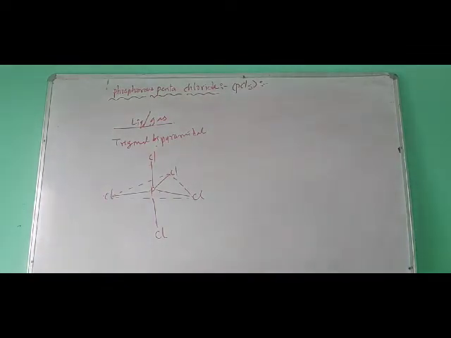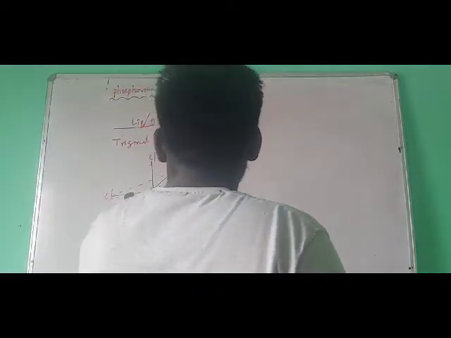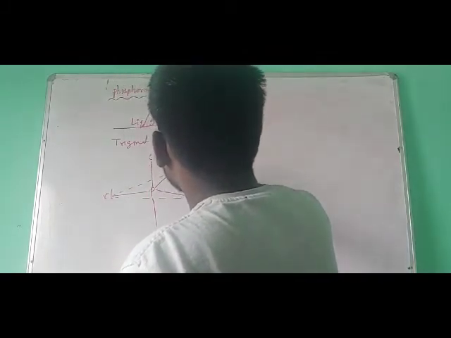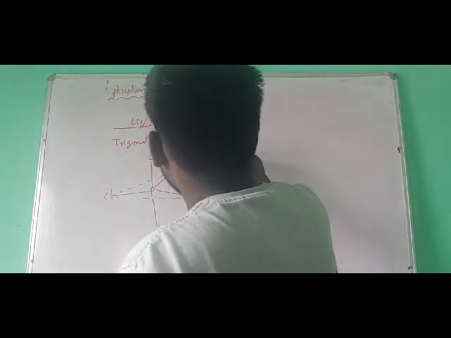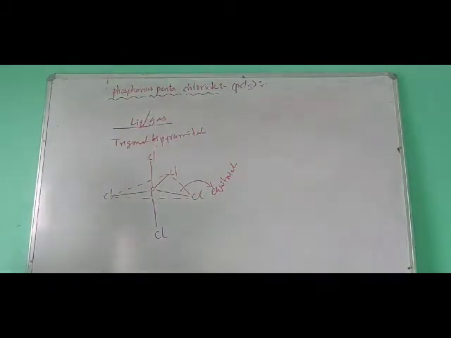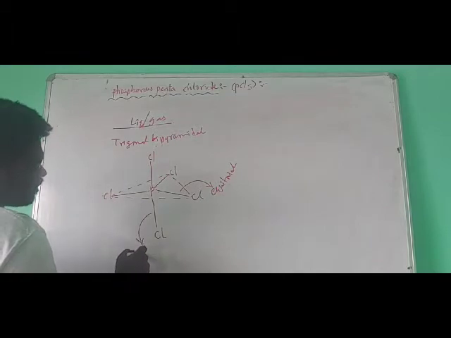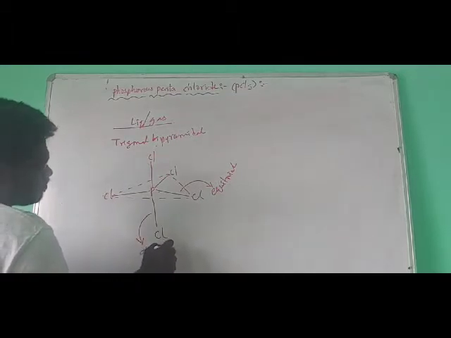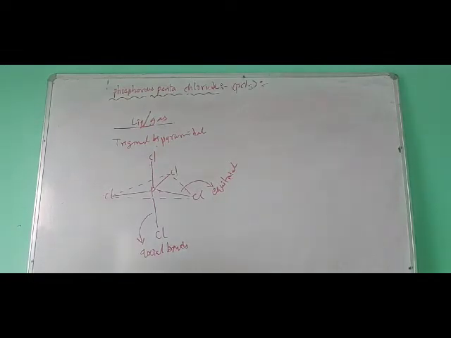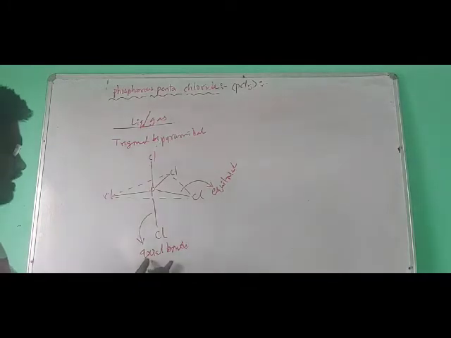So here these three bonds are identical and they are known as equatorial bonds. And next one, the bonds which are present in vertical fashion are known as axial bonds. Here, the bond length of the equatorial bonds is less than the bond length of the axial bonds.